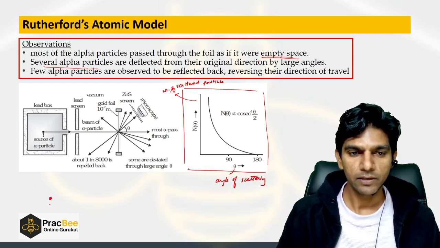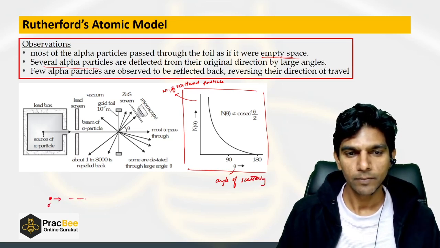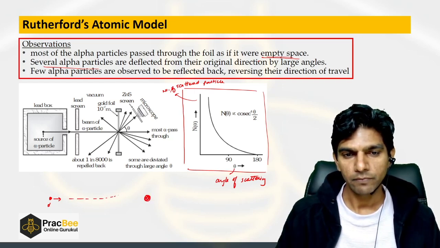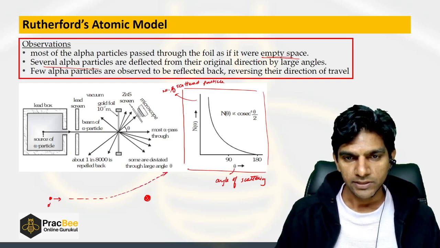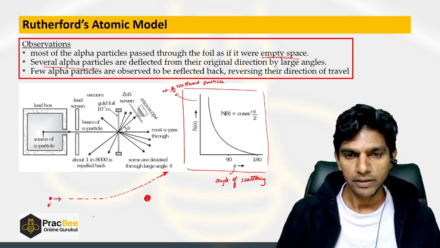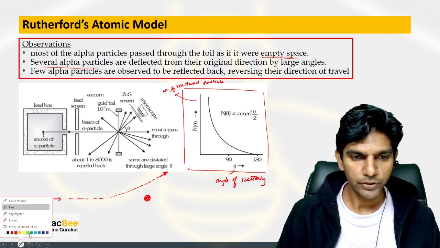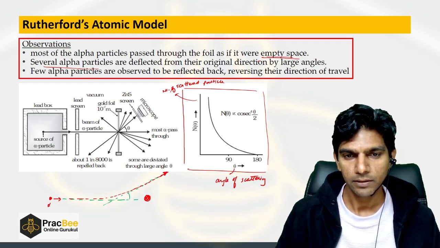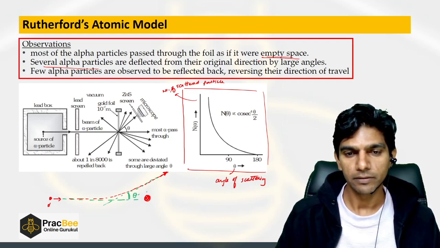Suppose this is the alpha particle coming in this direction, and here we have the nucleus. Suppose this alpha particle deviated like this, right? So this is the velocity after scattering. So what is the deflection produced in the alpha particle? This angle is known as the angle of scattering.